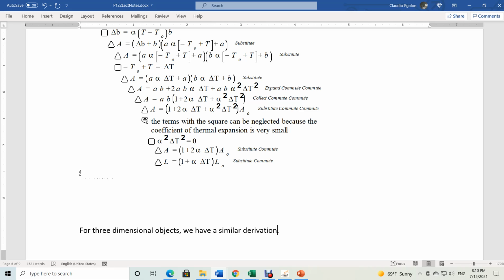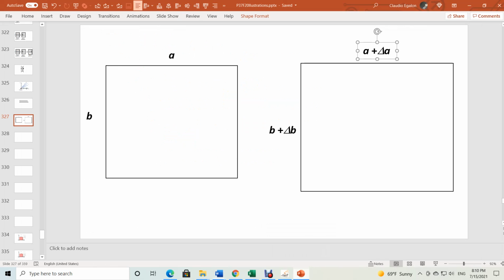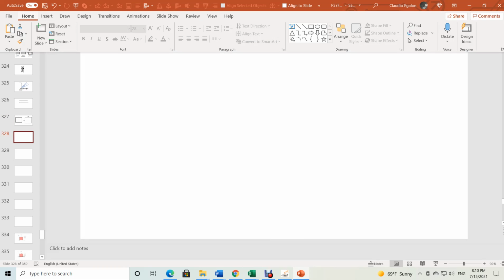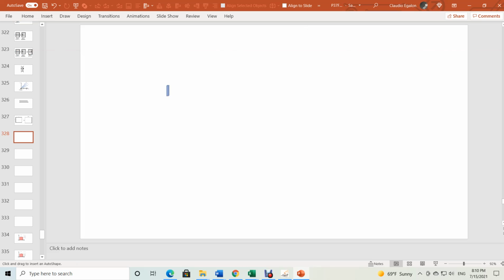Let's do that together. Okay. So, first, let's visualize it. Our 3-dimensional object. Here you go. Here is my 3-dimensional object.